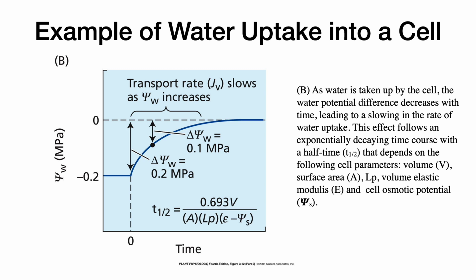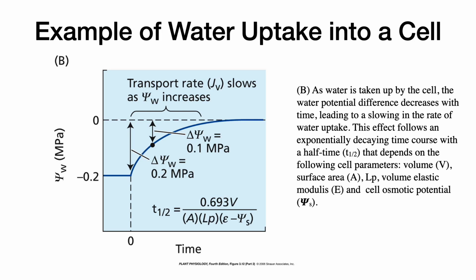Now finally, if we look at this last figure here, we can see that the rate of water movement will change with time as the water is being taken up into the cell. It decreases in time, leading to a slowing of the rate of water uptake. Over time, this decline decays over a half time that depends on the following parameters.